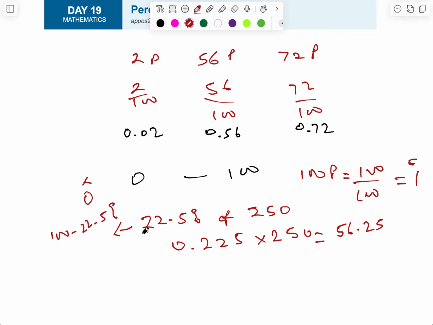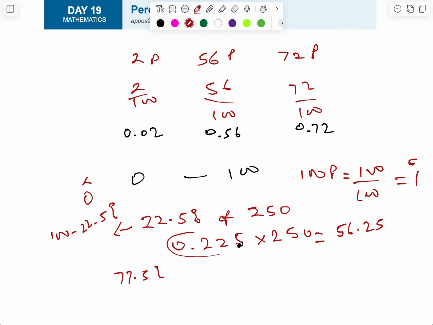You could just remove 22.5% from 100 and get the remaining percentage. So 100 minus 22.5 is 77.5, so whatever will be left is going to be 77.5%.